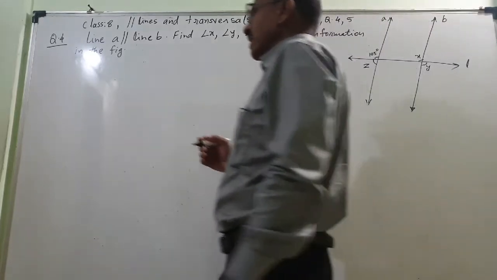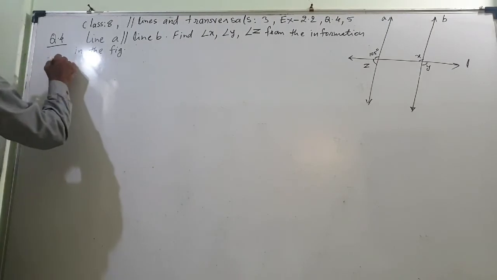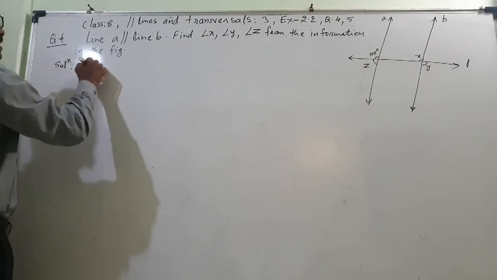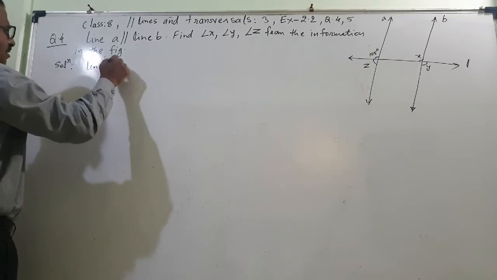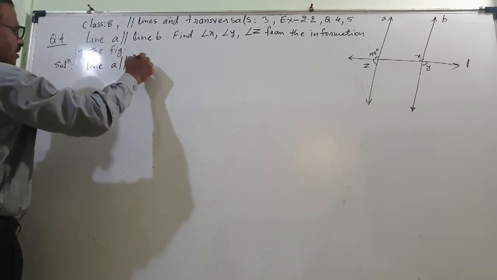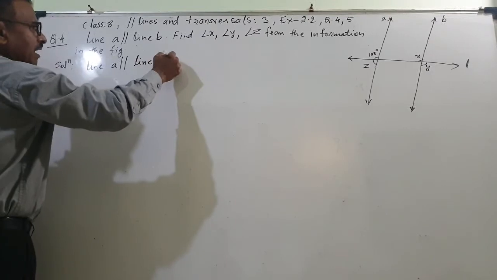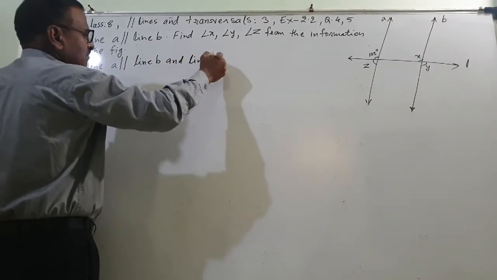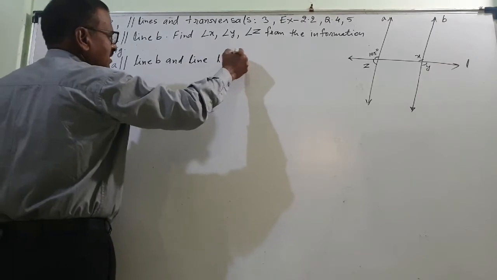That's why we can write the solution. Line A parallel line B and line L is the transversal.